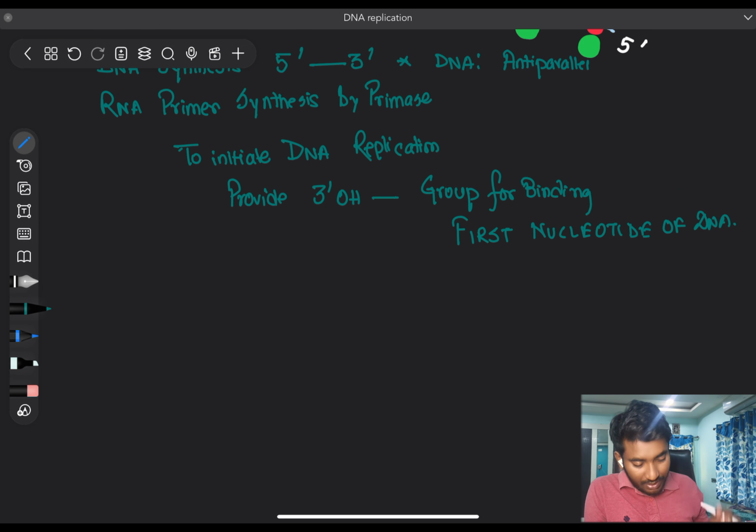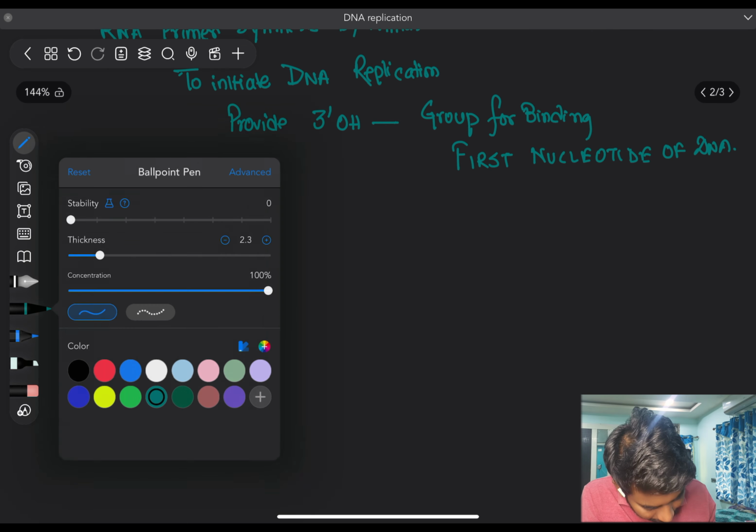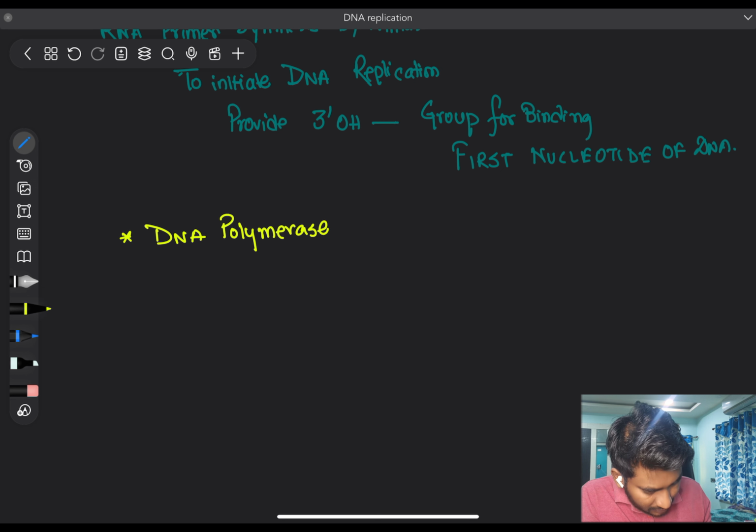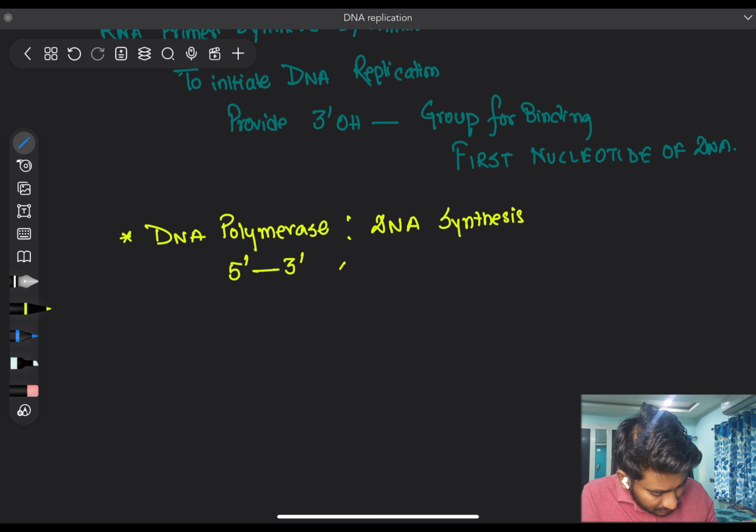Okay. Now what happens? The DNA polymerase does the DNA synthesis from the 5 prime to 3 prime, the polymerization activity.